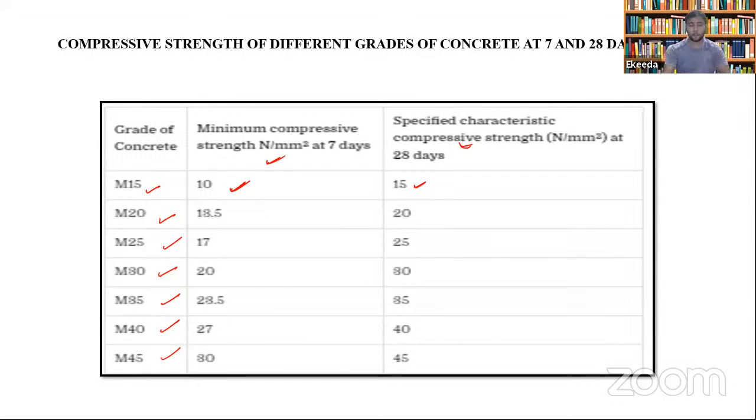Now that is the strength test of concrete. Now definitely, Nishan, this is the subject in which there will be almost 3 subjects that comprise the construction material and management.